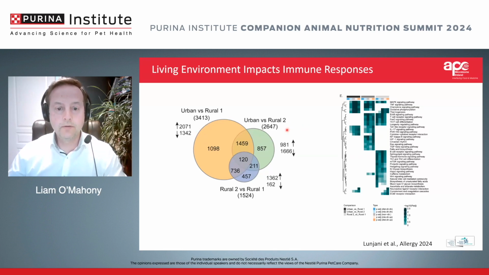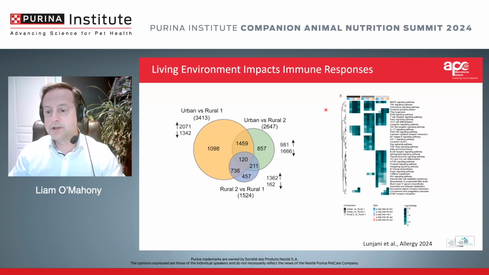The rural 2 group was a little bit closer to the urban population, so there were 2,600 genes that were different. And many of the genes were shared between the two rural groups in comparison to the urban group. So comparatively speaking, atopic dermatitis results in a change in about 100, 110 genes, whereas environment is driving thousands of genes to be significantly different in these immune cells from urban and rural environments.